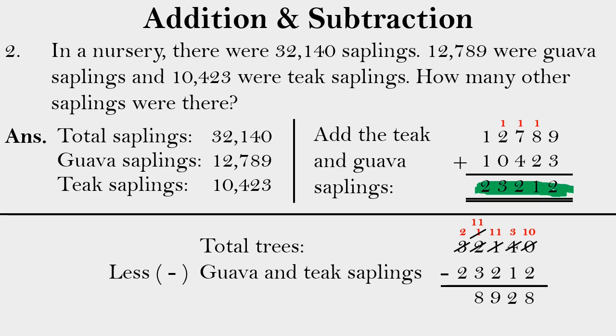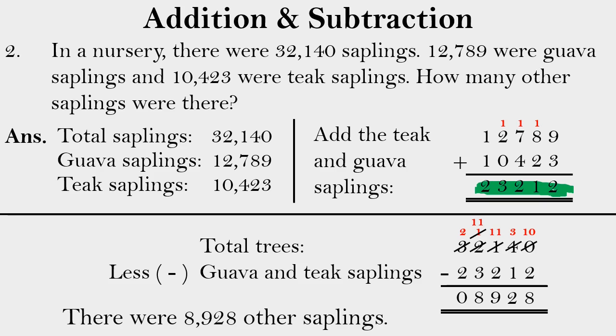So 3 to 11, if you count from 3 to 11 you will get 8 and 2 minus 2 is 0. So that means that if the guava saplings were 12,789 and 10,423 were the teak saplings, out of the total of 32,140 saplings, 8,928 were other saplings.